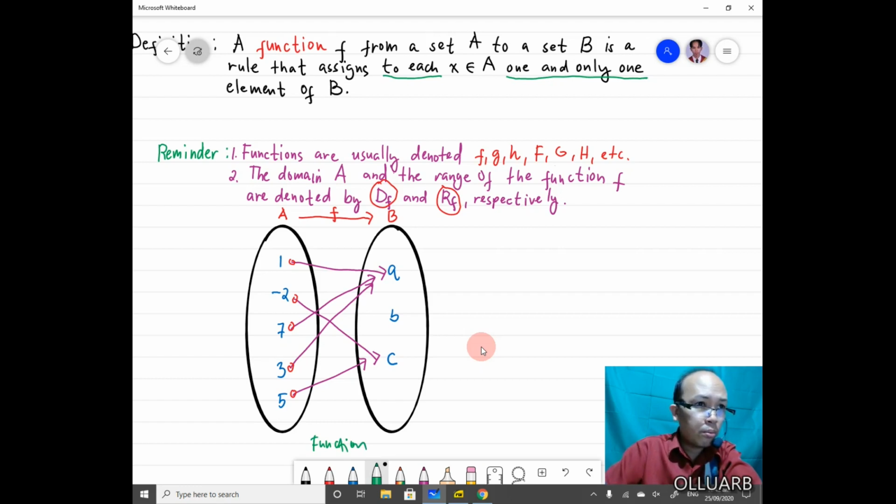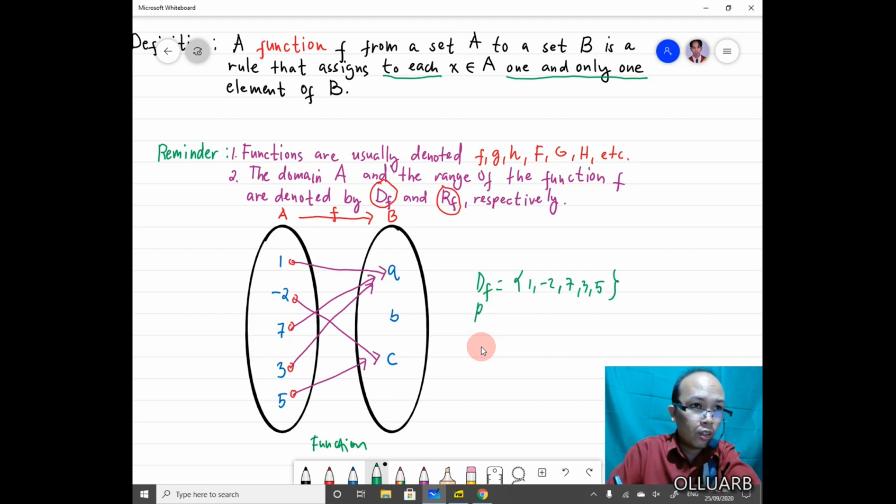In this example, the domain of the function f, because our notation here is f, if this is g, then we have d sub g, if this is h, then this is d sub h, is the set 1, -2, 7, 3, 5. It doesn't matter, you can rearrange that because it is a set.